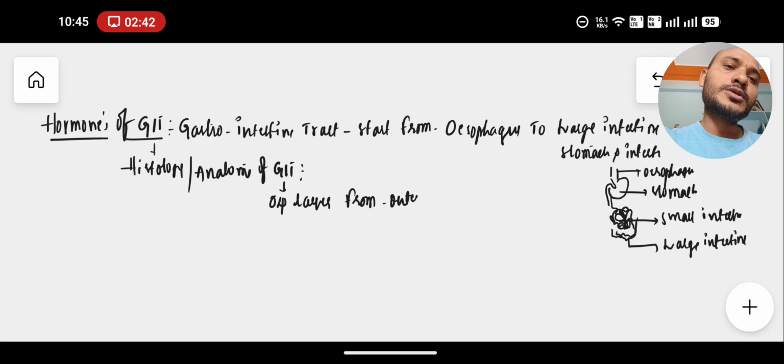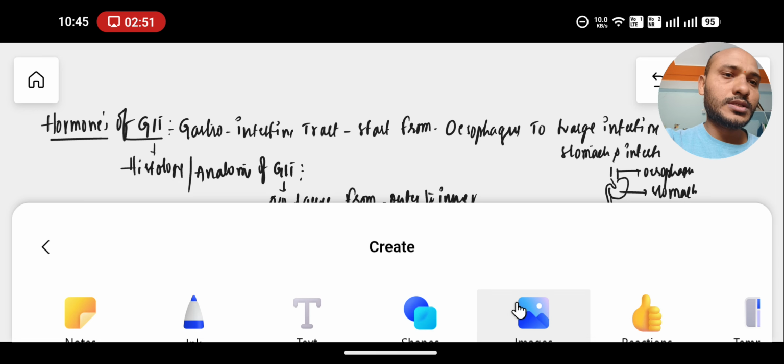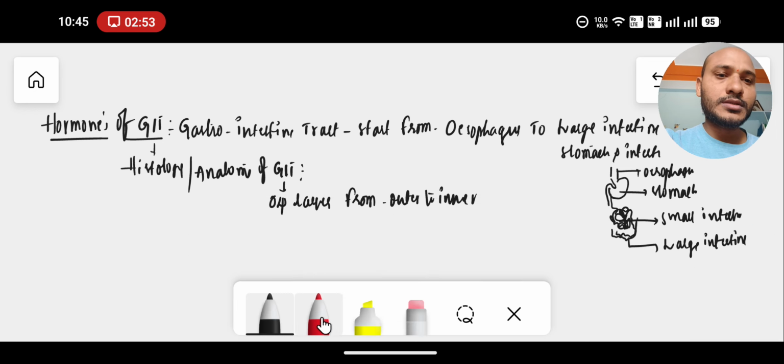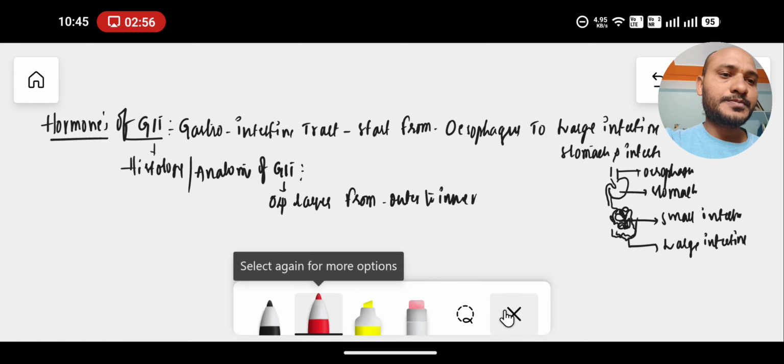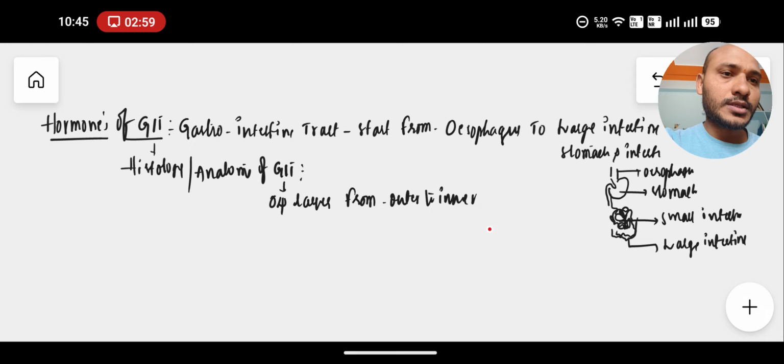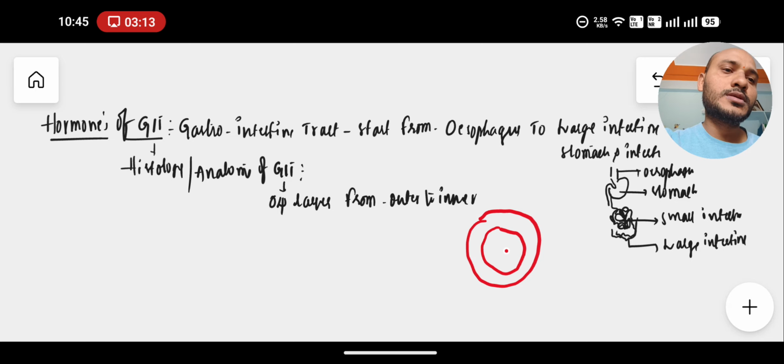For example, if you look here, different layers are present in the GI tract. The outermost layer, then one more layer below it, then the third layer, and the fourth layer. So we have four layers.